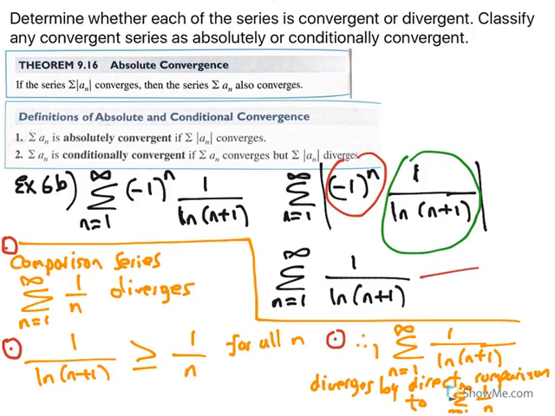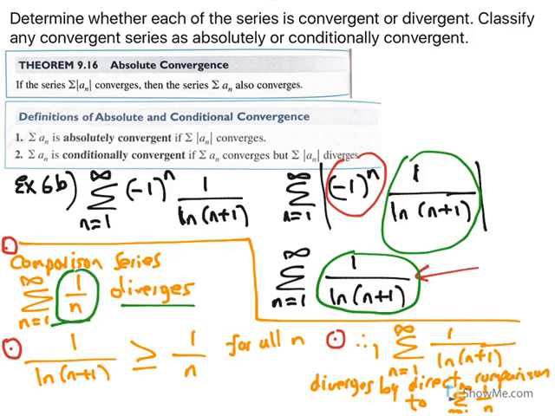So what we can do to show that the corresponding absolute value series diverges is the direct comparison test, where our comparison series would be the harmonic series, a p series with p equal to 1, and therefore it diverges. Now we can demonstrate that the nth term of this series must be greater than or equal to the nth term of the divergent p series.